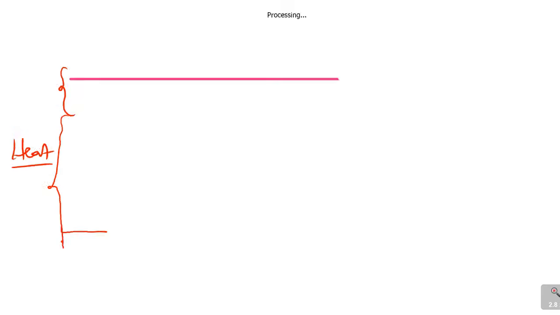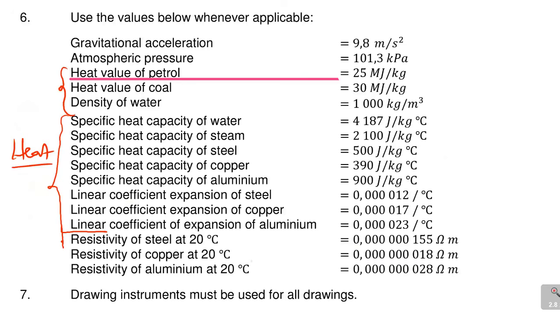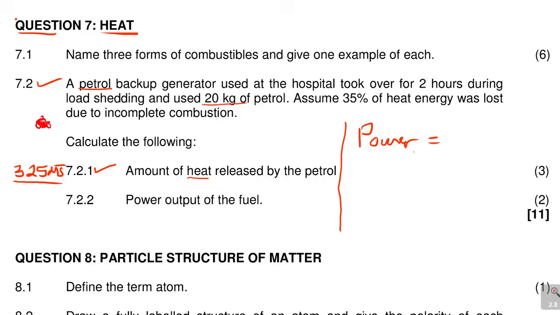So P is equal to work done over time taken, but now work done is measured in joules. So another way of saying work done is to say energy over time taken.